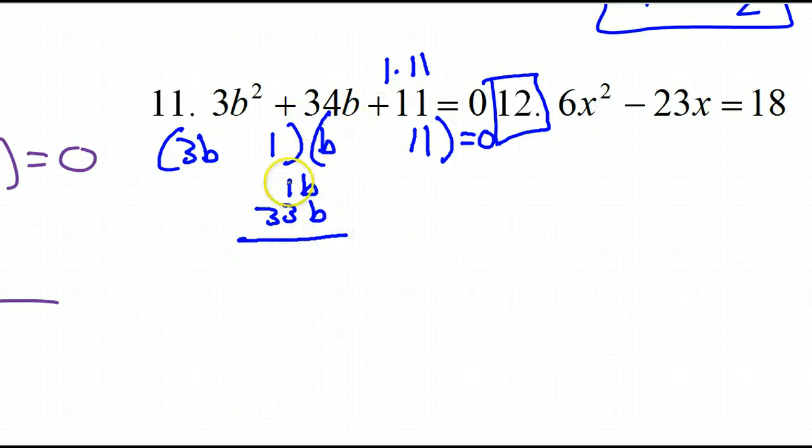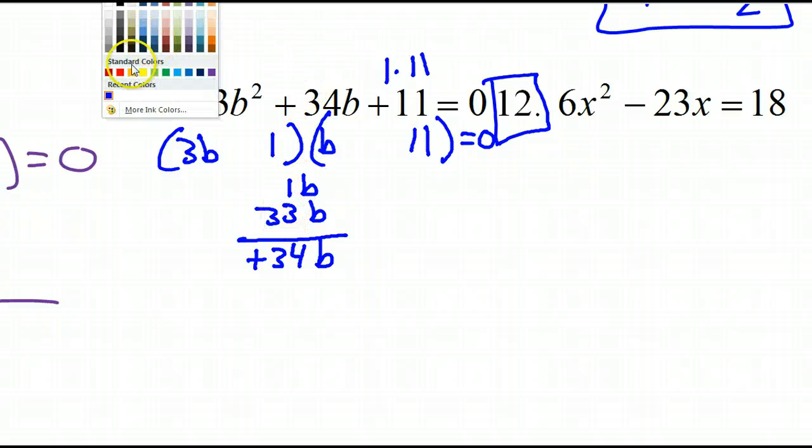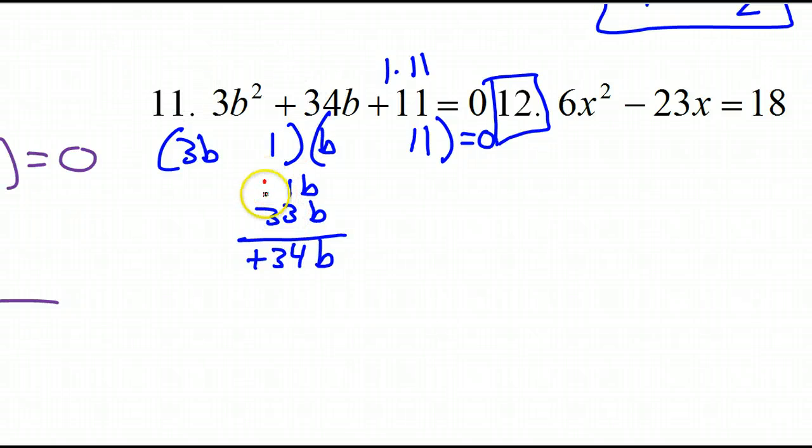I'm trying to get positive 34b. Well, this is looking awesome, right? If the signs were positive and positive, that would in fact make 34. So positive and positive. Also, 1 times 11 is a positive 11. So that works out great.